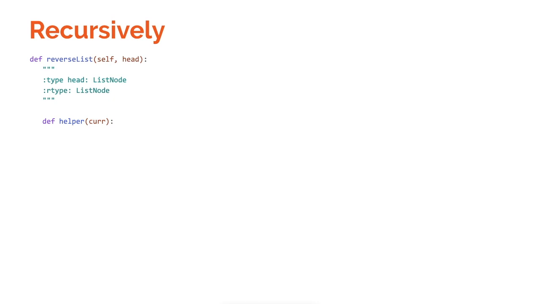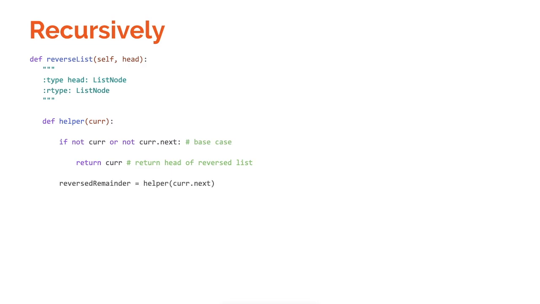We're going to define a helper function, and our base case is, well, if current doesn't exist, or if there isn't a next for the current, then we can just return the current, which is going to be the head of the reversed list. Now we want to reach the end of the linked list, right? So we're just going to call our recursive function on current.next.